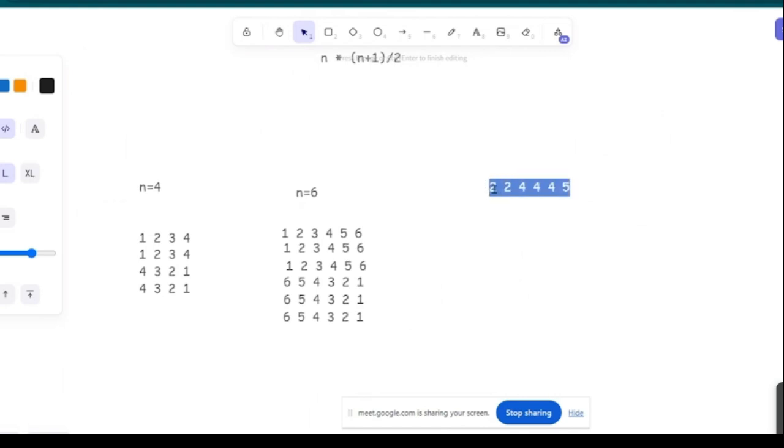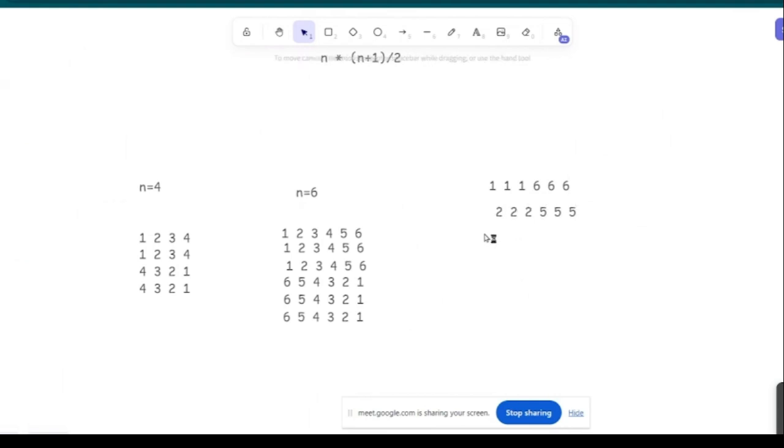So at some point it becomes 1 1 1 6 6 6, which has a similar sum. And also 2 2 2 and 5 5 5, then 3 3 3 and 4 4 4.